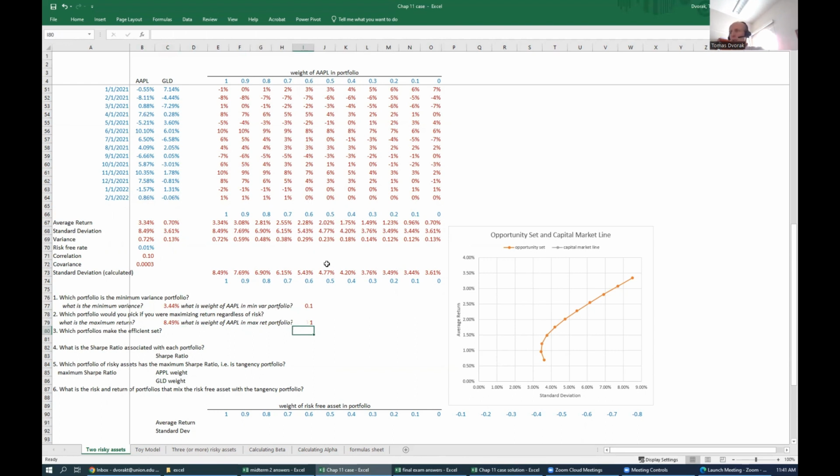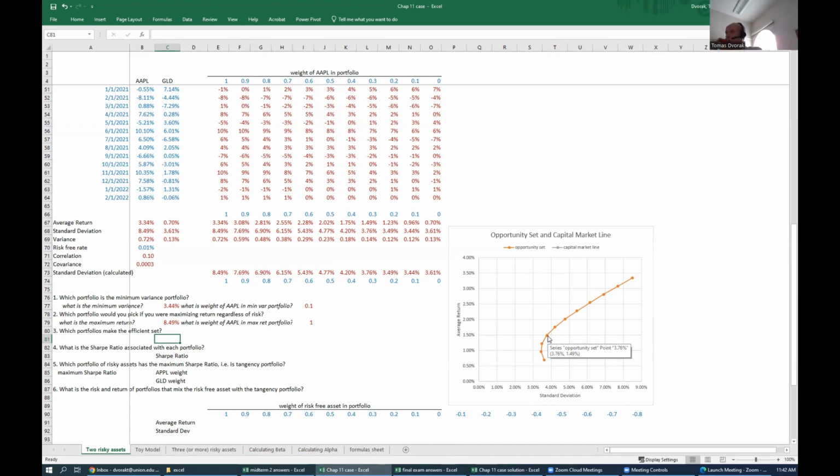Which portfolios make the efficient set? So what does it mean for a portfolio to be efficient? A portfolio is efficient if there is no other portfolio that has a higher return with the same amount of risk. So for example, if we take a portfolio here, this one that I'm hovering over, that has a risk of maybe 3.7.